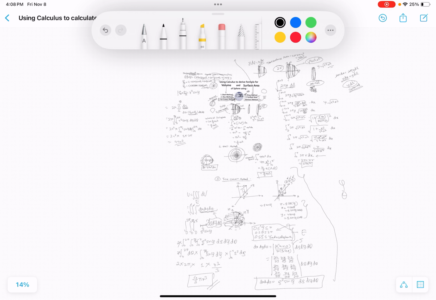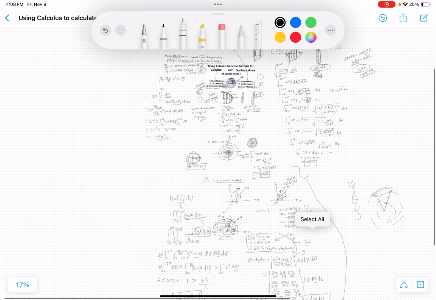If it was the entire change, it becomes a sphere, right? If phi is increased, this becomes a sphere, but if phi is just a little quantity, this becomes ice cream. So it's called ice cream. And we also went over the ring method and the surface area method, and we found all of these things.